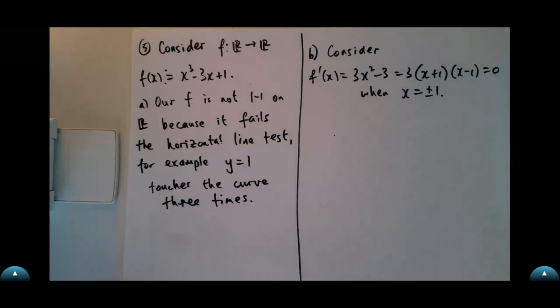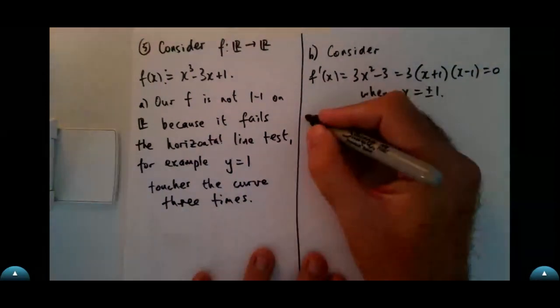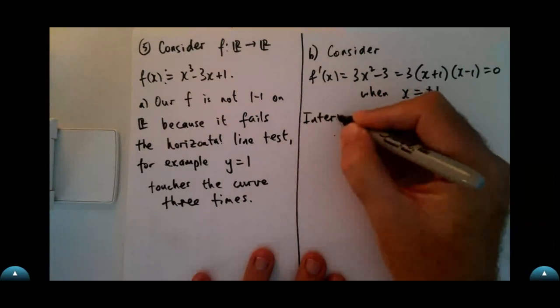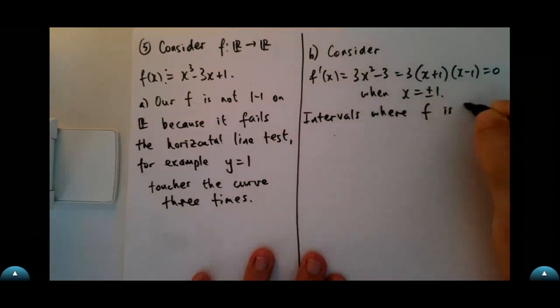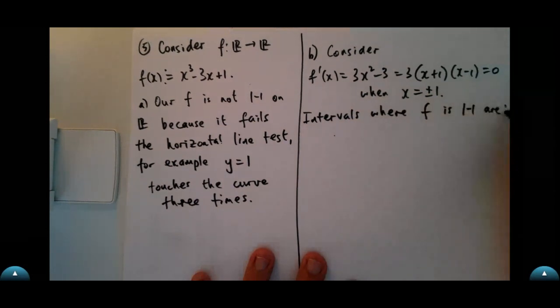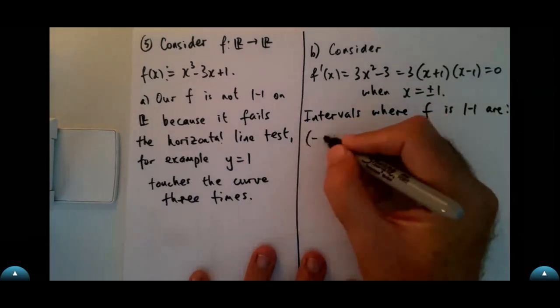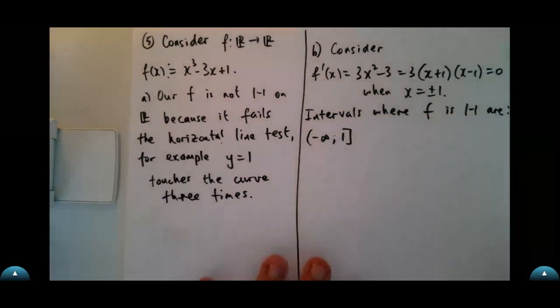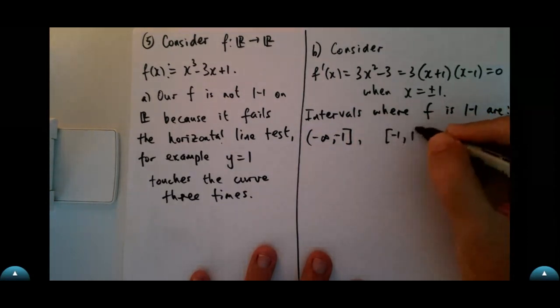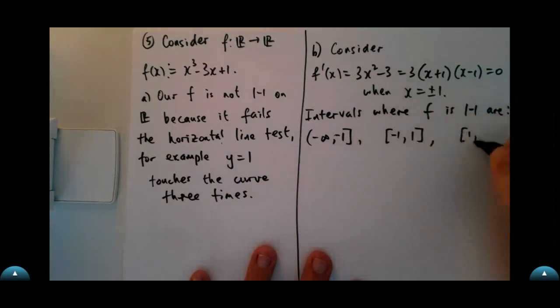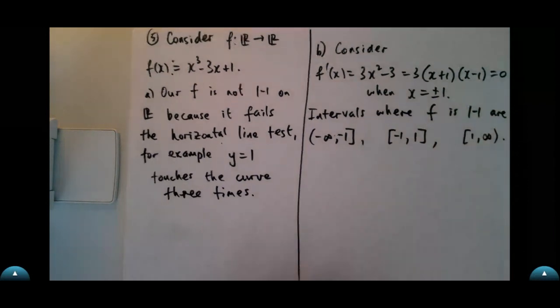Okay. So our three intervals where f is one-to-one are negative infinity up to -1, and then -1 up to +1, and then 1 off to infinity. All right.